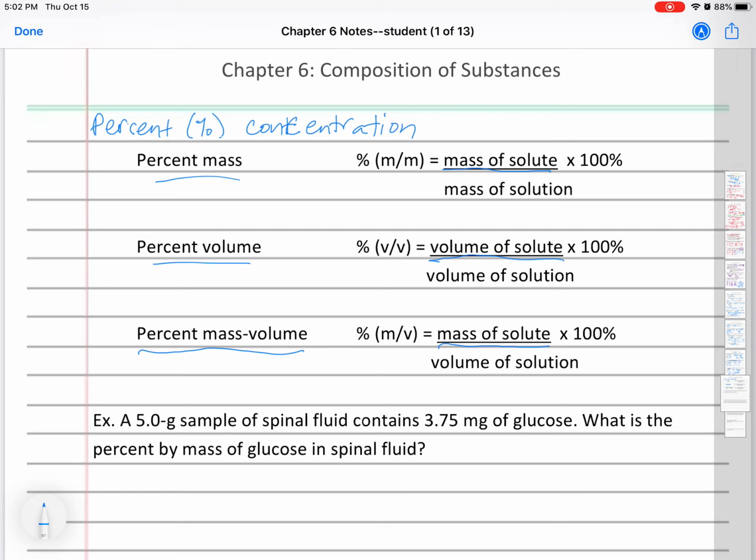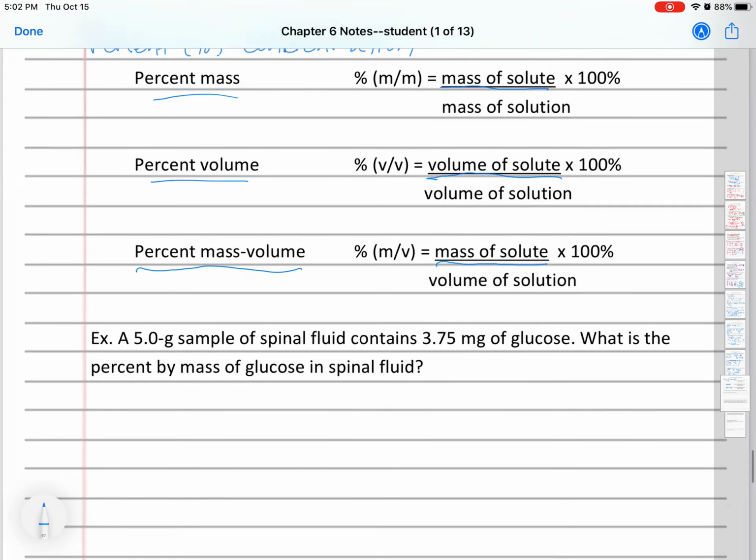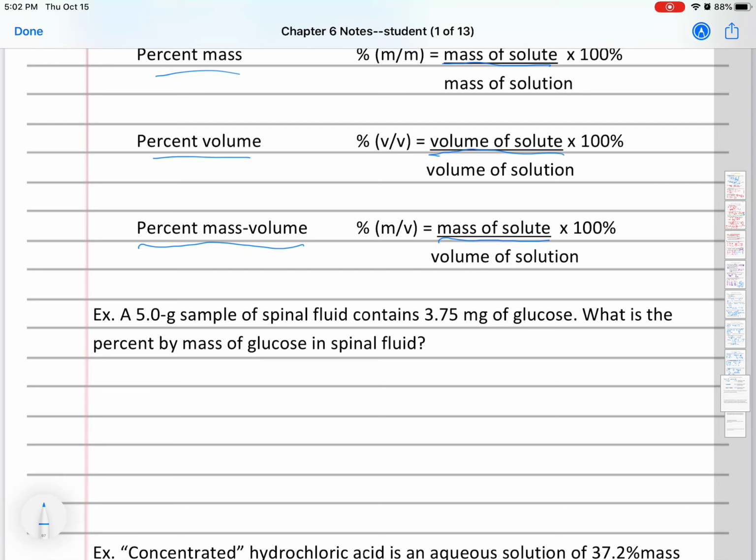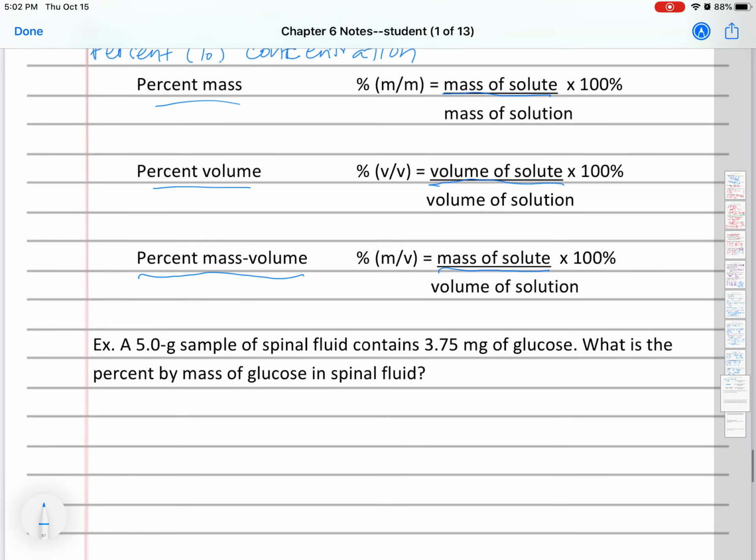So there's 3 different percent concentrations, and in the problem it should specify that. So percent mass is often written as percent by mass, or percent m divided by m, mass divided by mass, and so on and so forth.